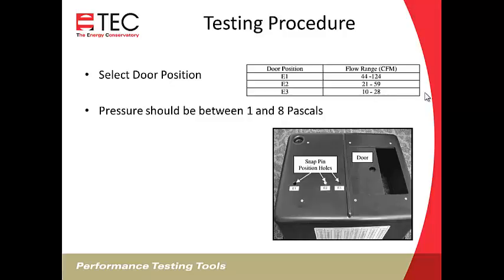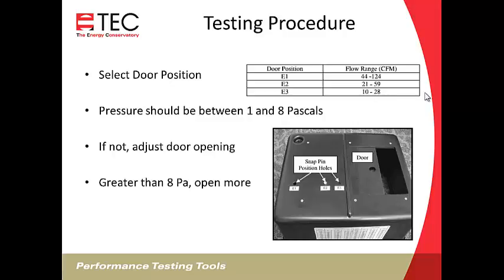Pressure should be between 1 and 8 pascals in order to get an accurate reading. So if it's not between 1 and 8 pascals, then you're going to want to adjust that door opening. And there's 3 positions. If the pressure is greater than 8 pascals, you need to relieve that pressure, and you relieve that pressure by making the hole bigger.